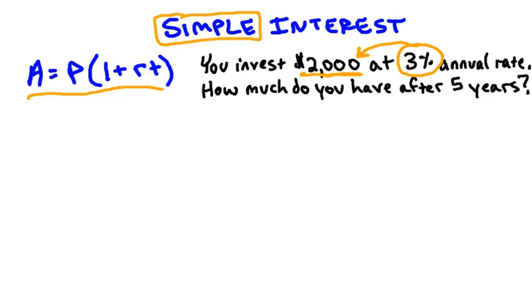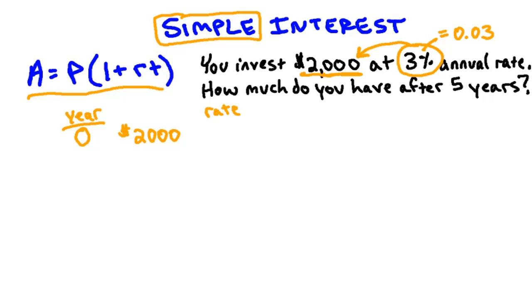So let's see how this works out. You start out in year zero. Here's years. Year zero is when you first open up the account and you deposit $2,000 in there. And the rate is 3%, which you need to change into decimal form, which is going to be 0.03.